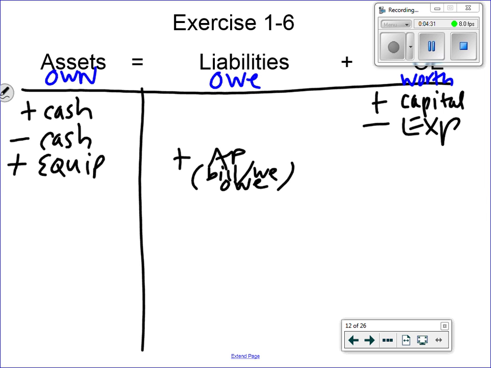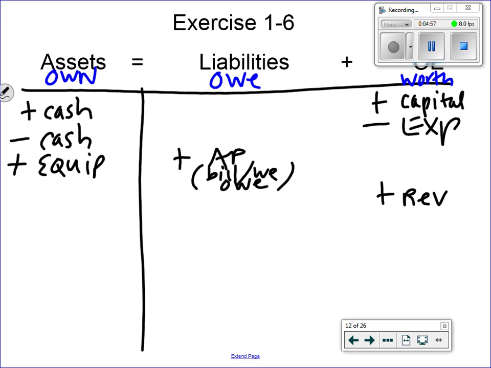Good. Number 4, we bill customers for services performed. What's going to happen under OE? If we have customers and we did work for them, we're going to get revenue.